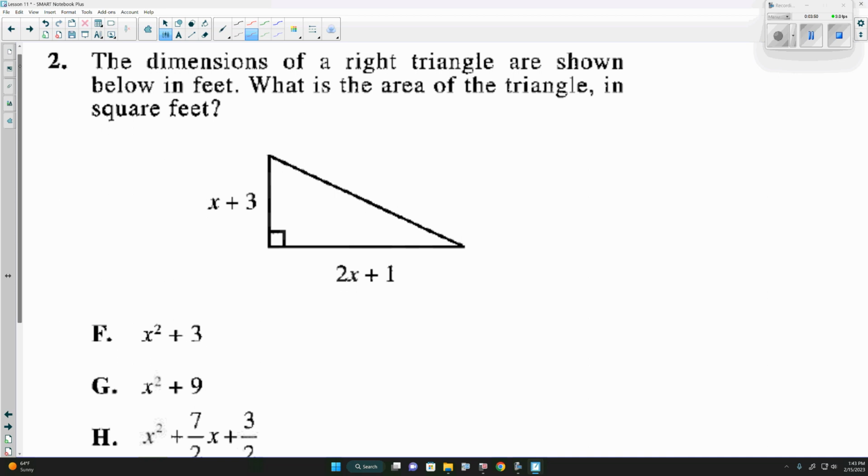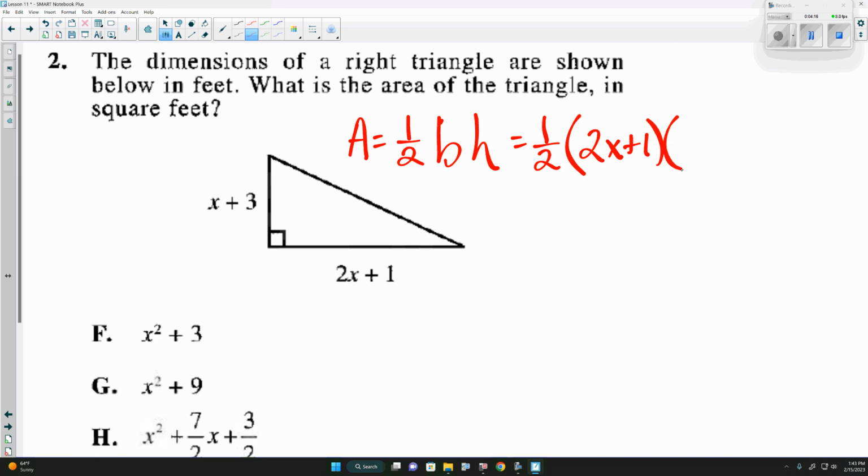The dimensions of a right triangle are shown below in feet. What is the area of the triangle in square feet? What's the area formula for a triangle? Looking at this triangle, what is the base length? And what's the height?